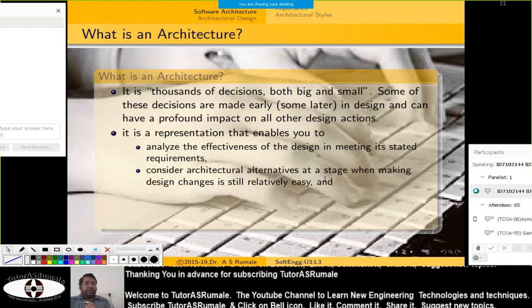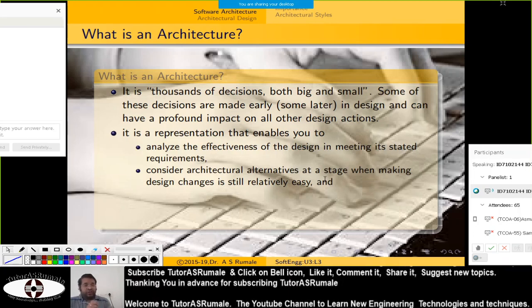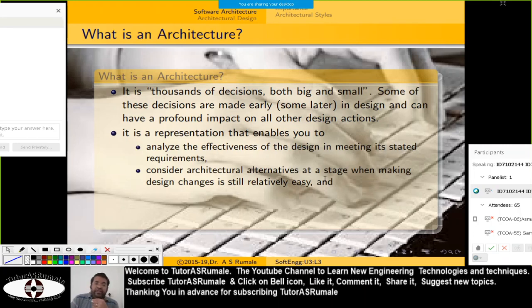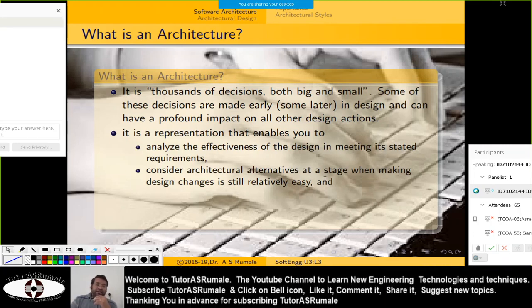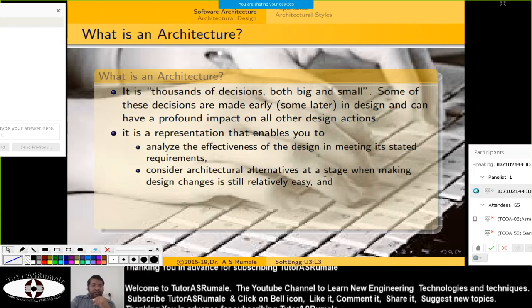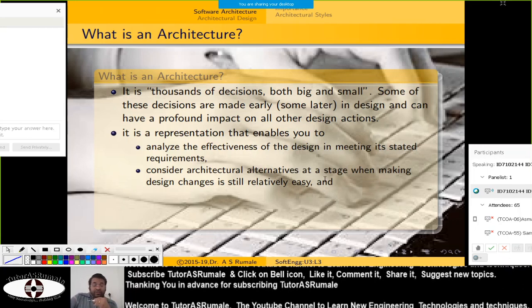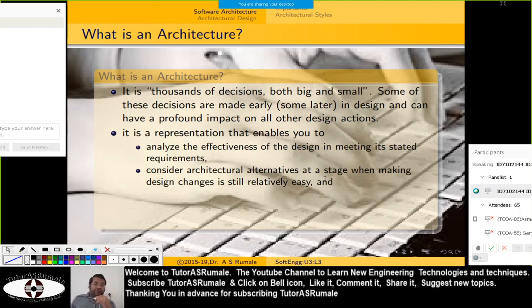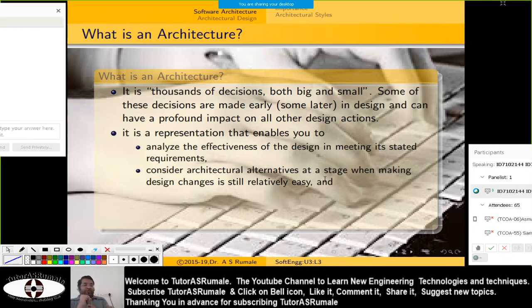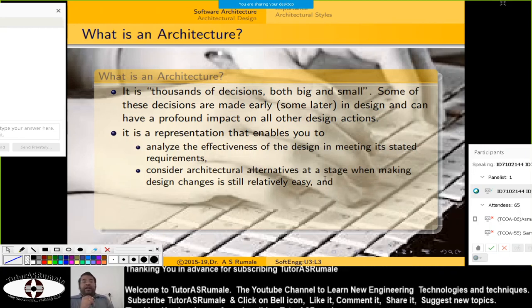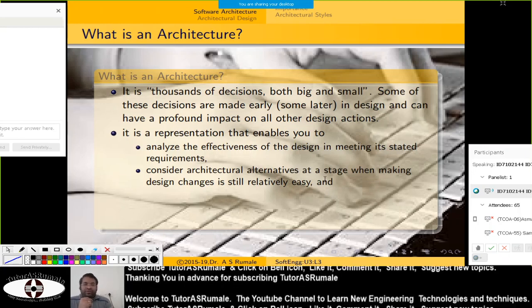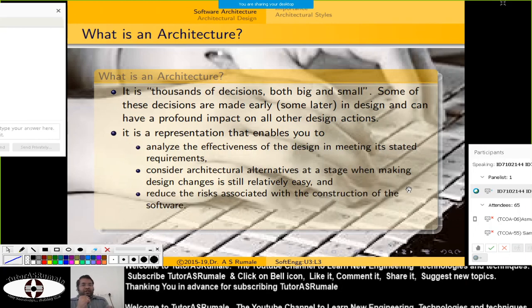Then it lets us consider architecture alternatives. There must be a plan B ready if plan A fails, and plan C ready if plan B fails. Don't go with just a few literals, because there are 26 letters; you need to have at least plan Z.